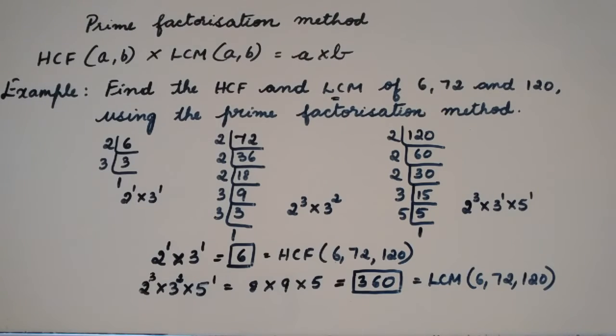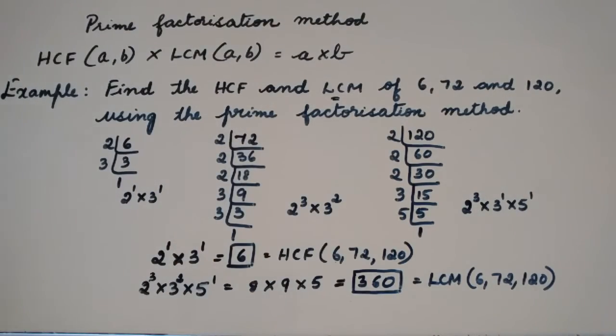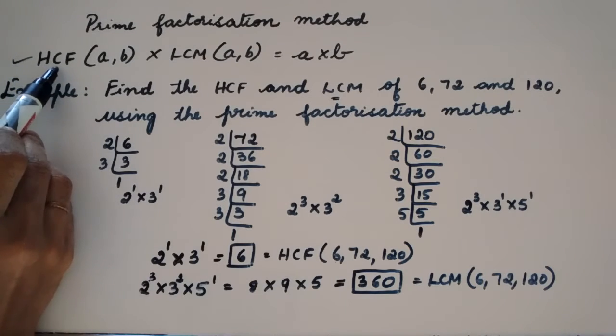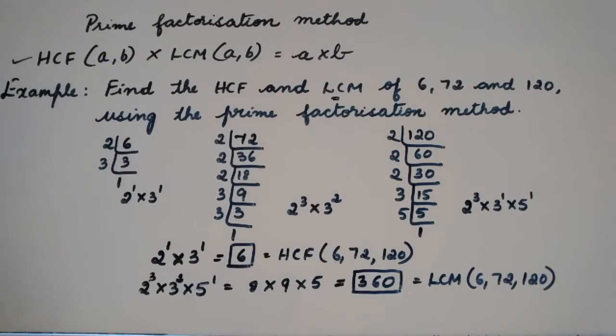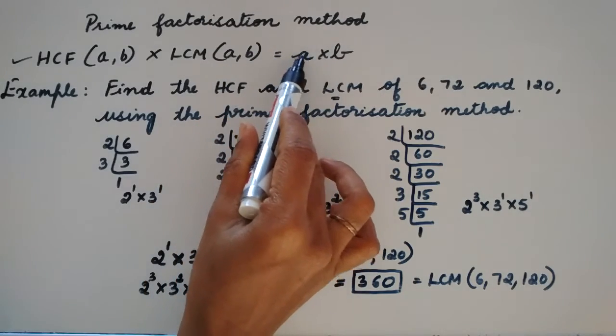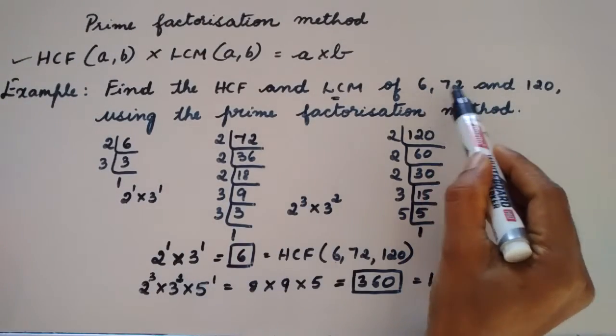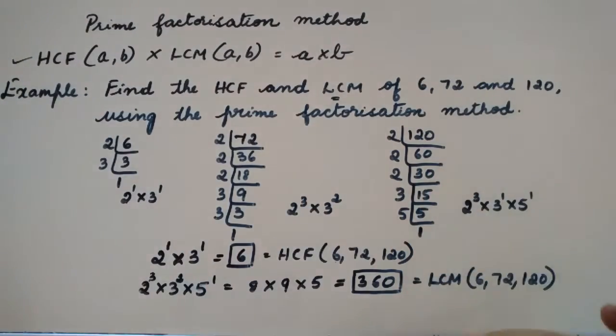Okay, so we found both HCF and LCM of three numbers using the prime factorization method. Is this clear, students? Okay. Now, you need to note down one important thing, students. We learned earlier that HCF of A comma B, that is two numbers, into LCM of two positive numbers is equal to A into B. Now here we found the HCF and LCM of three numbers.